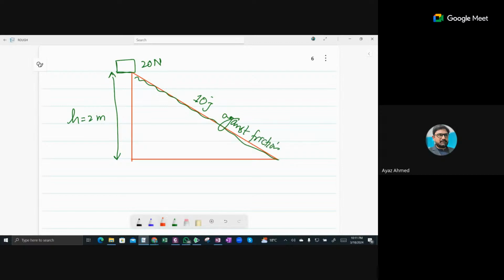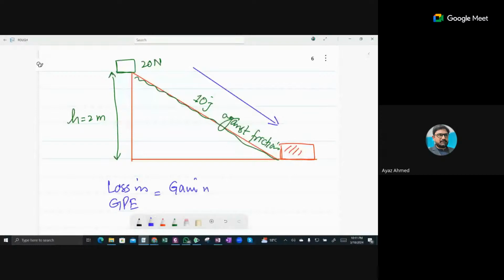And when this block reached this point, definitely its loss in gravitational potential energy is equal to gain in kinetic energy plus work done against friction. So loss in GPE equals gain in KE plus work done against friction. Are you getting this thing?